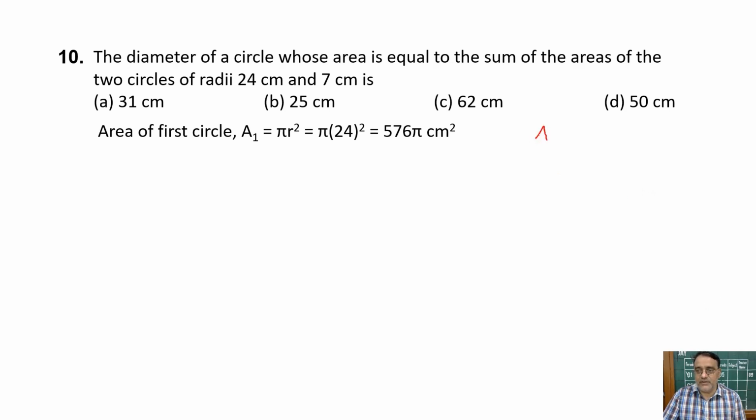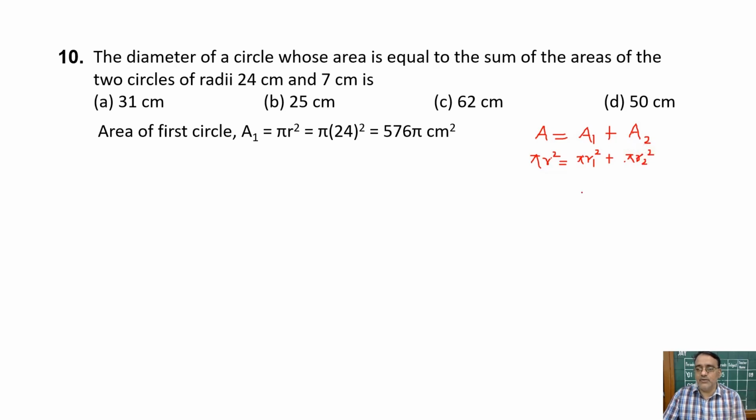A is equal to A1 plus A2, and the formula for A is pi r square, and the formula for A1 is pi r1 square, and the formula for A2 is pi r2 square.